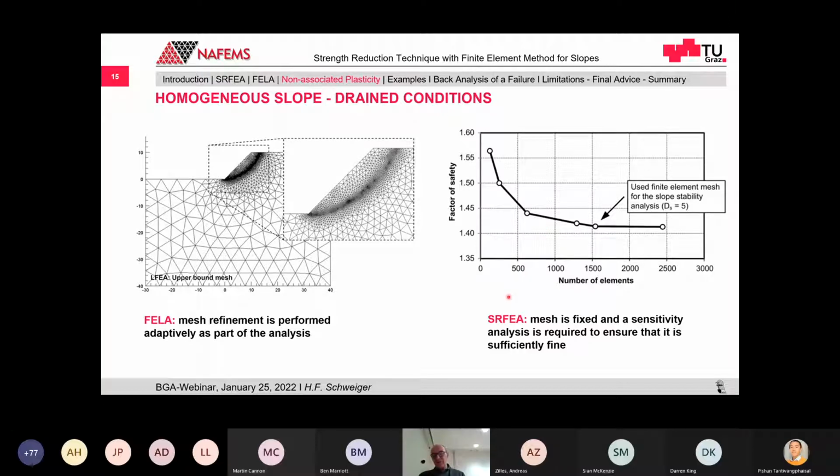That is something you have to consider in the first place when you build up your model. Those of you who do a lot of finite elements know that if you just look at displacements at working load conditions, you can get away with relatively coarse meshes, and in particular in 3D, that is an important issue. If you then decide you want to do a factor of safety analysis, you may be on the unsafe side, because your mesh may be fine for displacements but not sufficiently fine for defining a factor of safety.